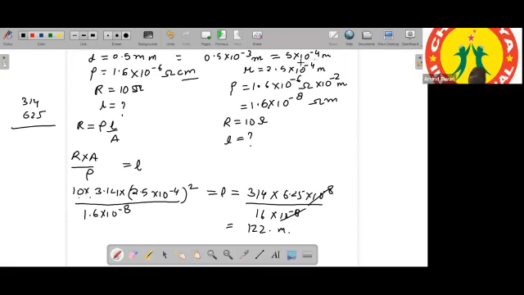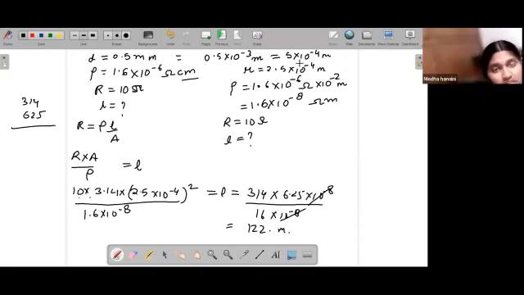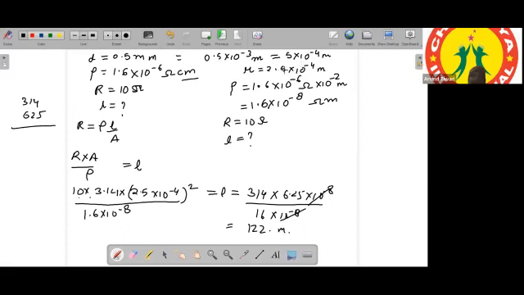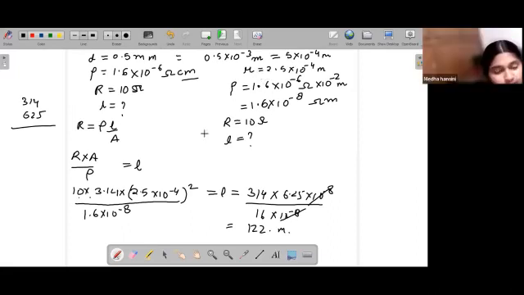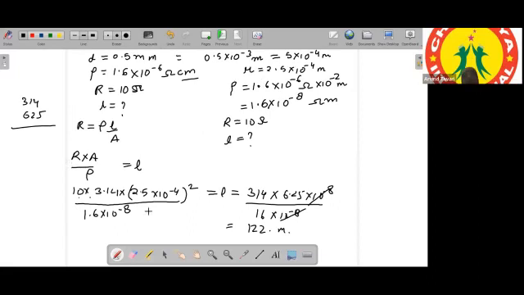And I think you are using diameter only for calculating the area. No, you have to use the radius. From the diameter, obtain the radius. Otherwise, whatever answer you have obtained, divide that answer by 4. Then only you will get the answer.